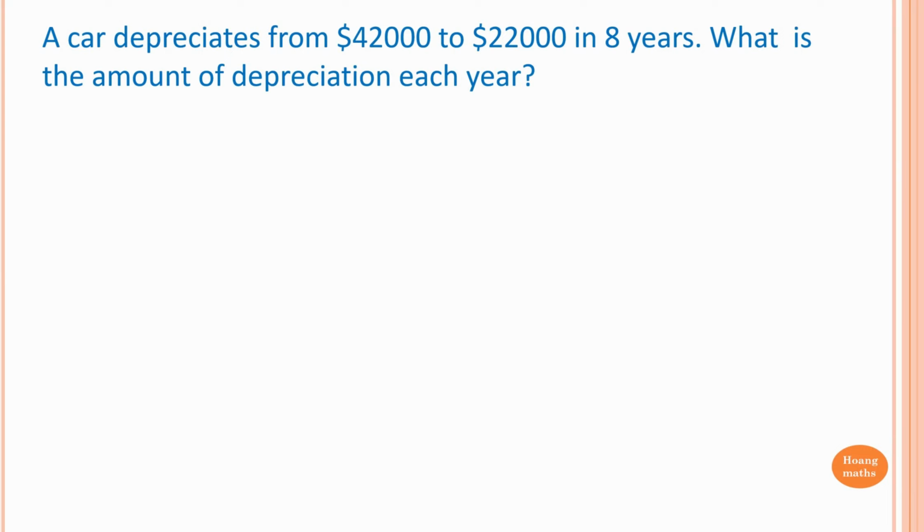Next one. A car depreciates from $42,000 to $22,000 in 8 years. What is the amount of depreciation each year? S is equal to V naught, the purchase price, minus D times N. So the salvage value is $22,000.